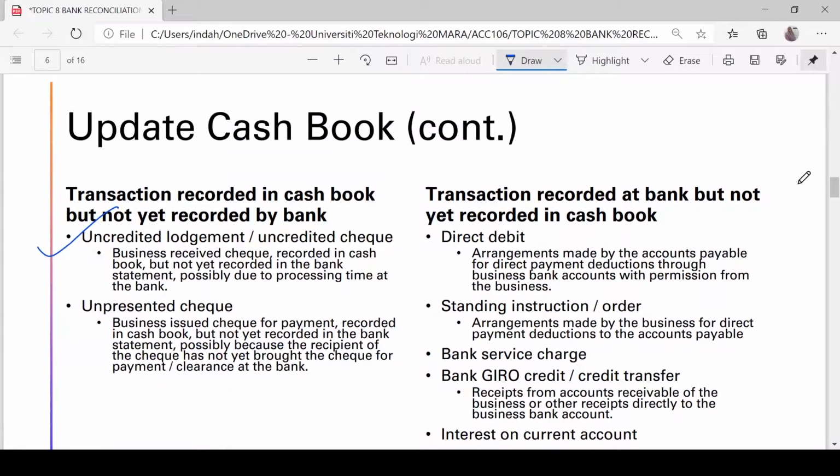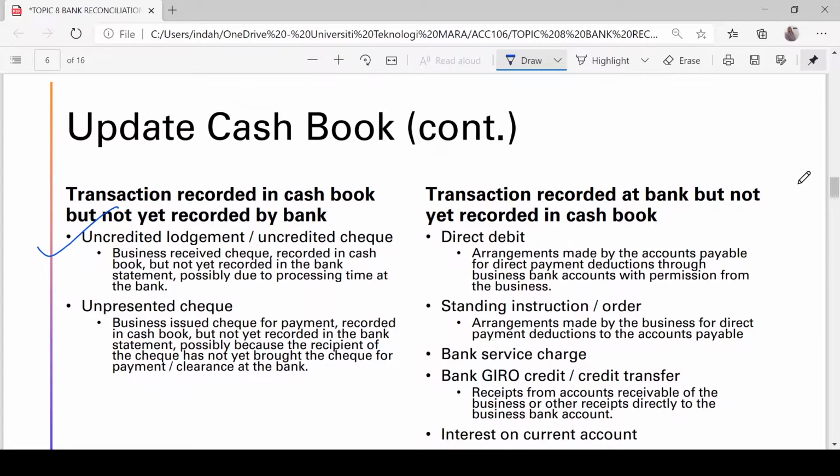Why? Possibly due to processing time at the bank. Let's say you receive a check, but only at the end of the day you go to the check deposit machine to deposit your check, and then it takes 2-3 working days for the bank to process the check.